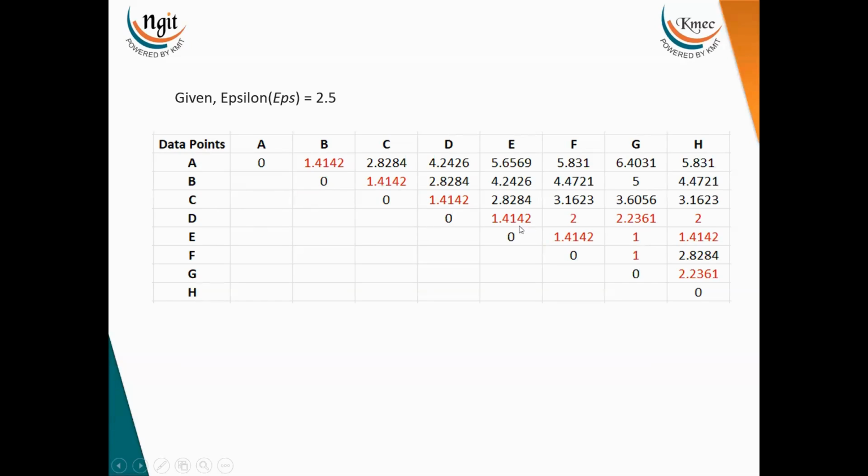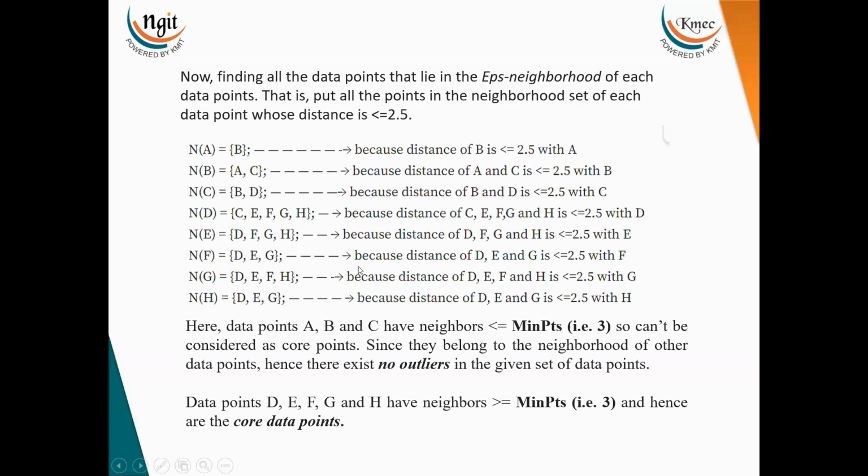Similarly, D to E, 1.41, and D to F, it is 2. In this way, whatever points are less than this 2.5, we will consider those points to create the neighbors. Here, the neighbors of D will be C, E, F, G, H, because the distance of C, E, F, G, H is less than or equal to 2.5 from that particular data point D.